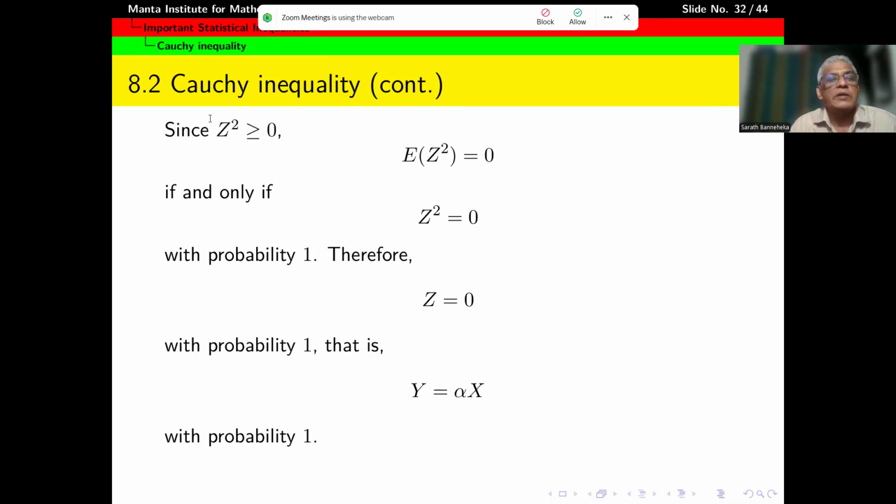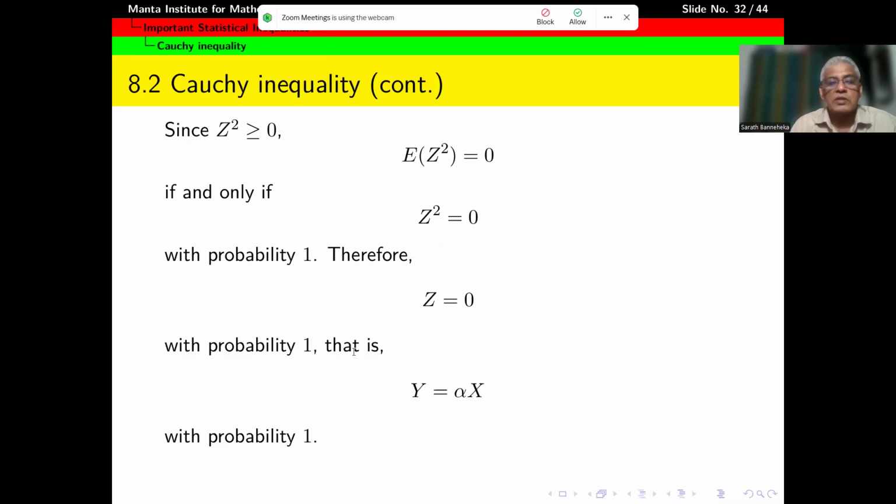Now, at that point, since z square is a greater than or equal to 0 random variable, expected value of z square will be equal to 0 if and only if z square is equal to 0 with probability 1, right? Therefore, z is equal to 0 with probability 1.